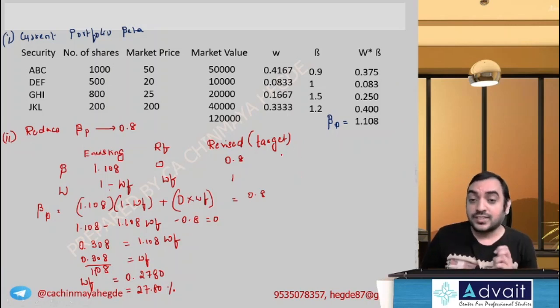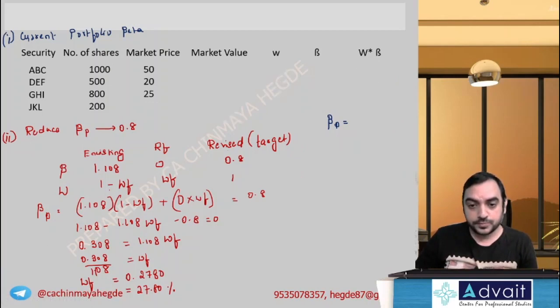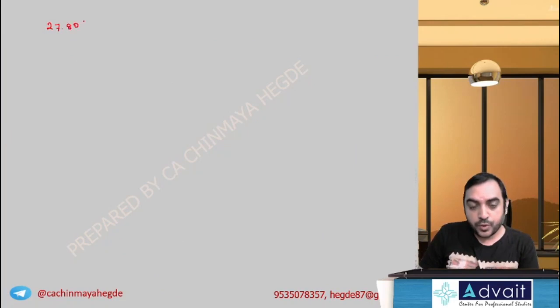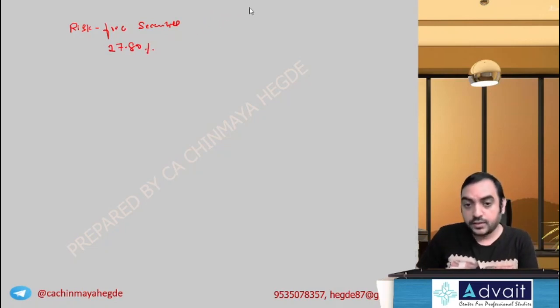When the portfolio consists of 27.8% in risk-free securities and balance in risky securities.